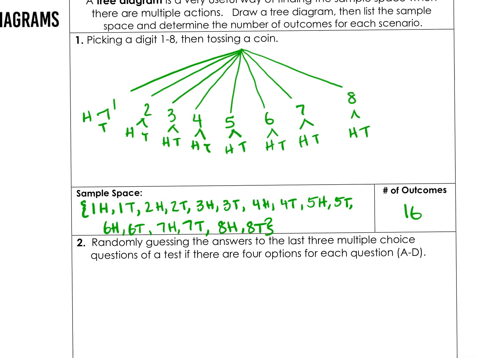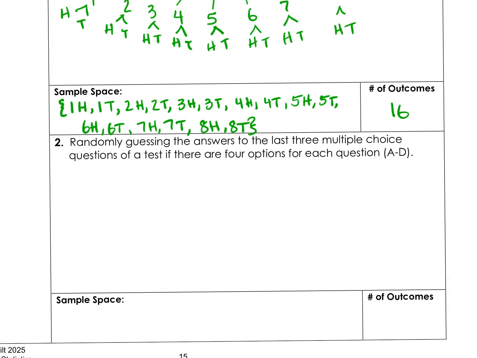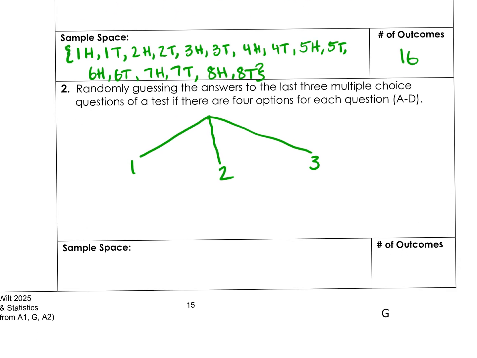So if I randomly guess the last 3 multiple choice questions on a test, and there are 4 options, then I would have question 1, 2, and 3, which might not be the question number, obviously, but we'll just number those of the last 3.